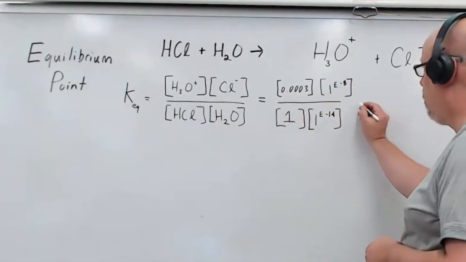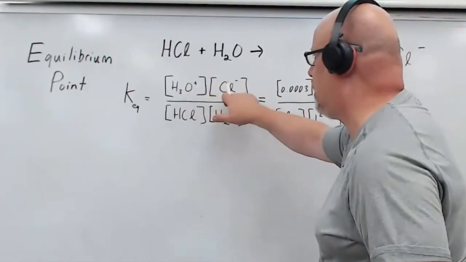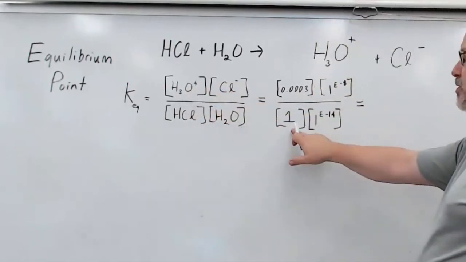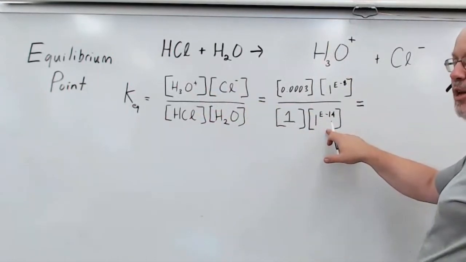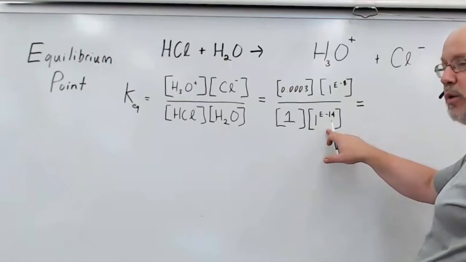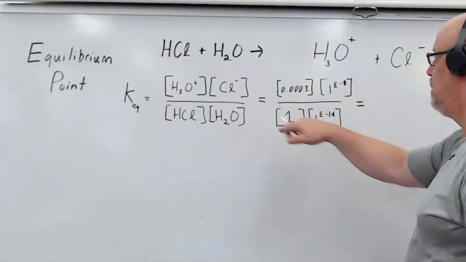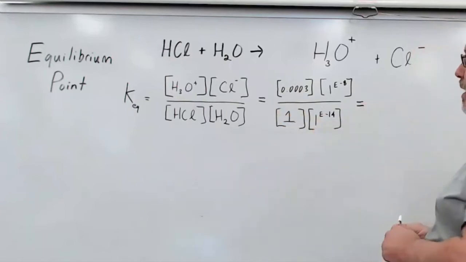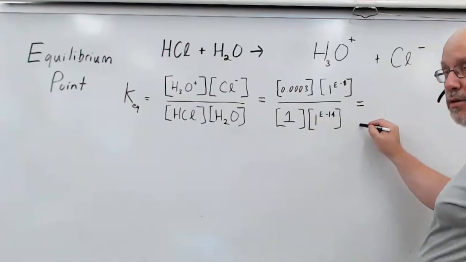Okay? So if these are the given concentrations of the products, hydronium and chloride, and if a strong acid is 1 and the acid dissociation constant effectively for water is always 1 times 10 to the negative 14th, we're ready to calculate. And it's just the product of the numbers on the top divided by the product of the numbers on the bottom.